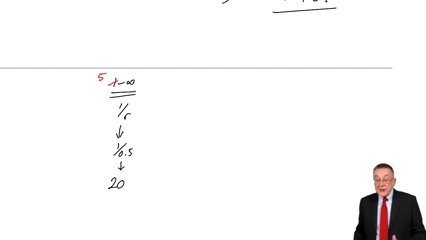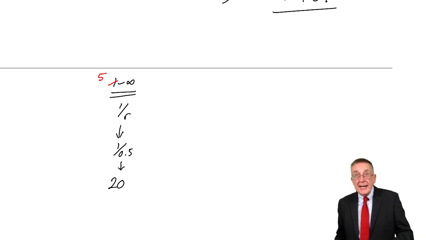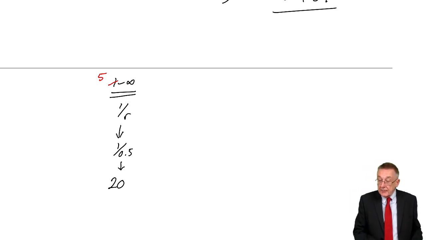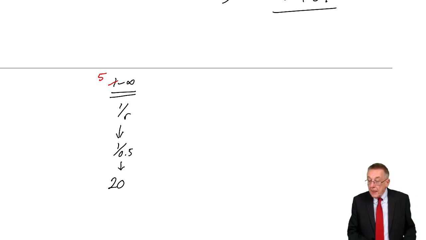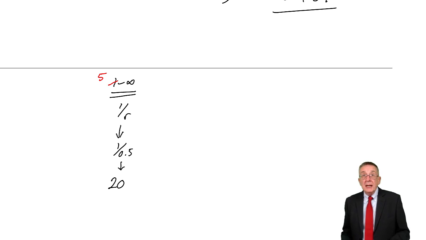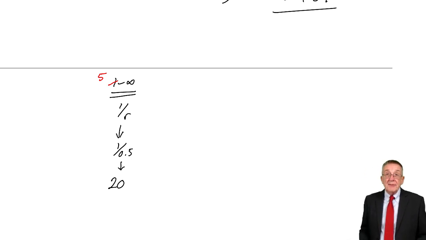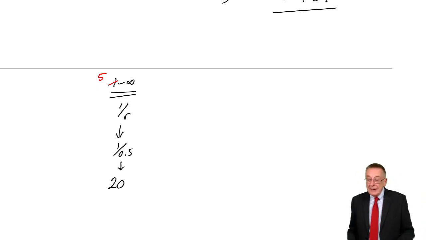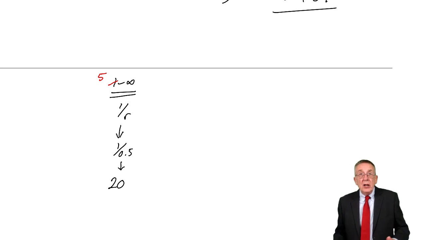The perpetuity starts 4 years later. It starts in 5 years' time instead of in 1 year's time. And so whereas, had it been 1 to infinity, multiply by 20 and we get the present value, if it starts 4 years late, multiplying by 1 over r will give us a value 4 years late.